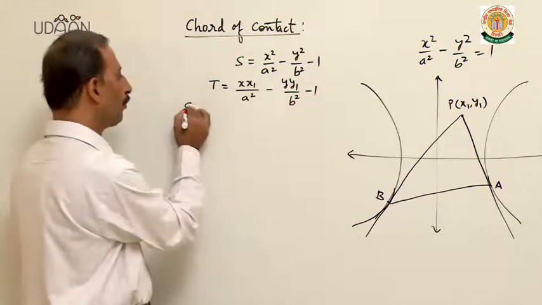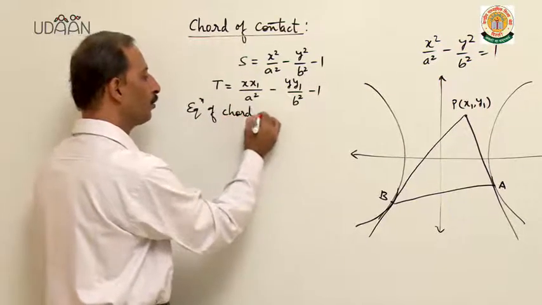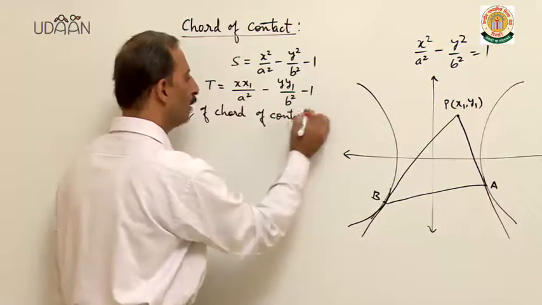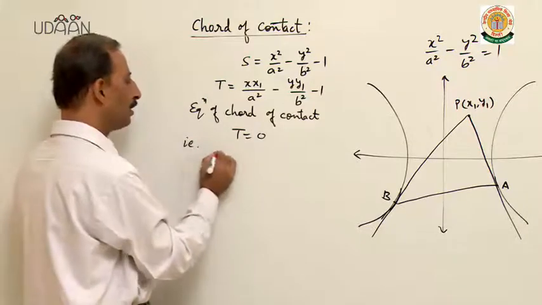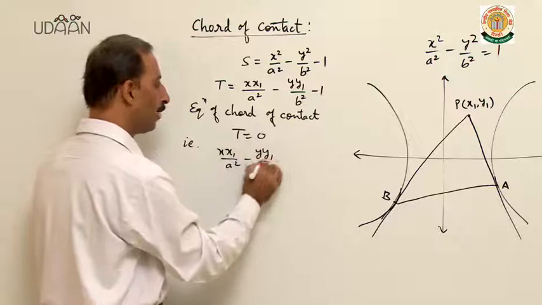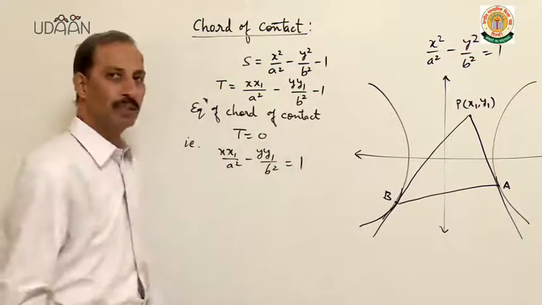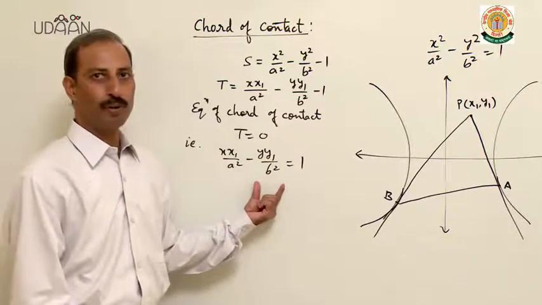Then the equation of chord of contact is T equal to 0. This is a direct formula to find the equation of chord of contact. It means x1 upon a square minus y1 upon b square minus 1 equal to 0, or equal to 1 you can say. This is known as the equation of chord of contact.